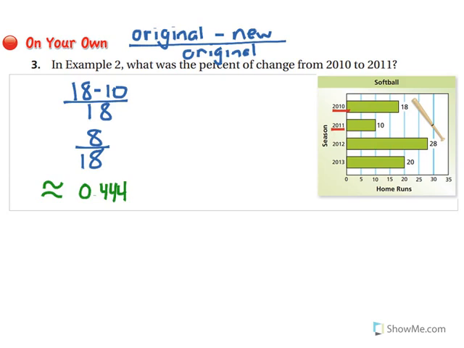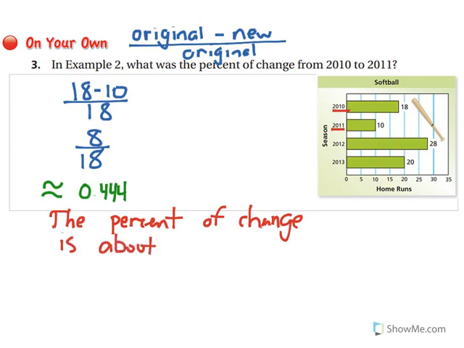So our answer in this one would be the percent of change is about 44.4% decrease.